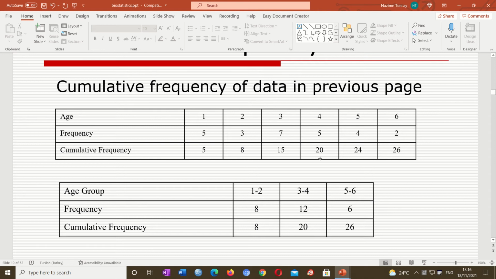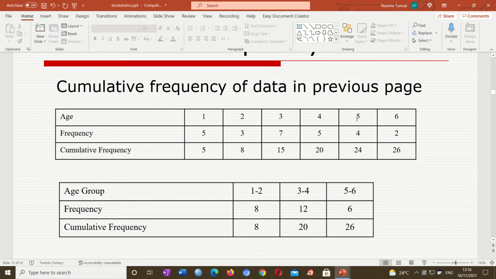What does it mean? This means until age 4, I have 10, 5, and 5, altogether 20, okay? That's how we get cumulative frequency. In your exam, I am going to leave this column empty, and you are going to find the cumulative frequencies. How do you find them? You are going to add all the numbers until that column over here. Okay.